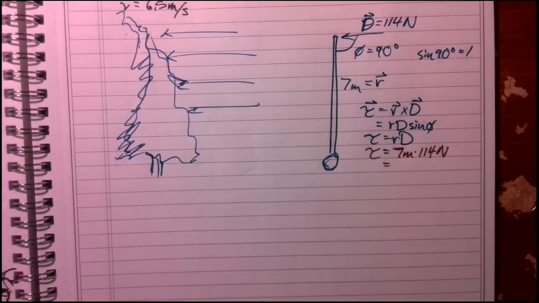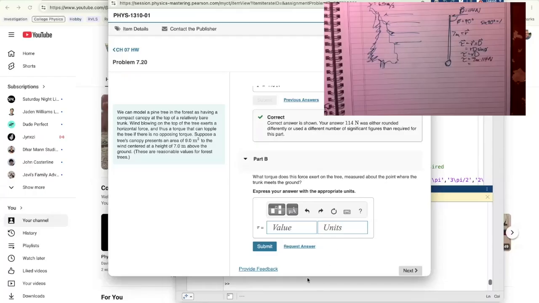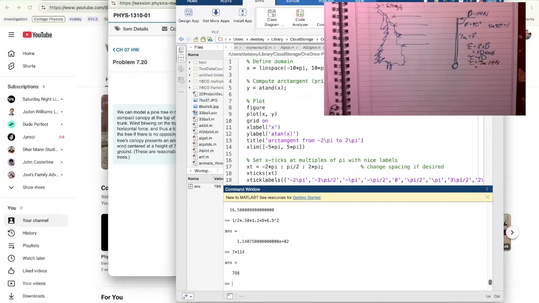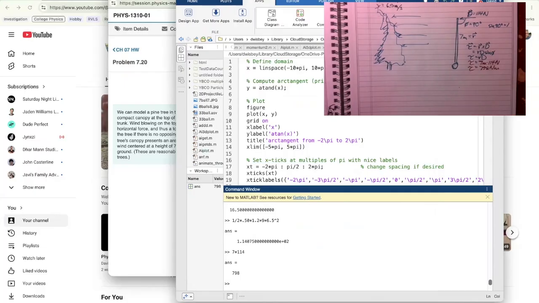All right, let's throw it in MATLAB. I'm saying it's about 800 newton meters, but we will calculate the value. All right. So, 7 meters times 114, 798 newton meters, and that is torque, right?